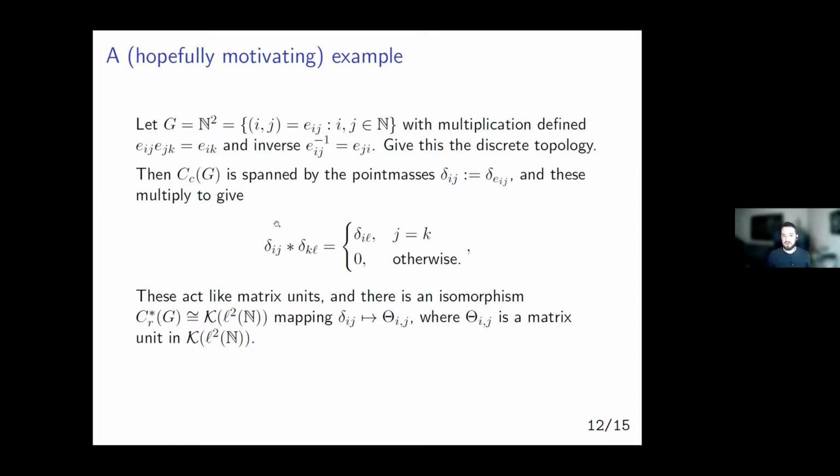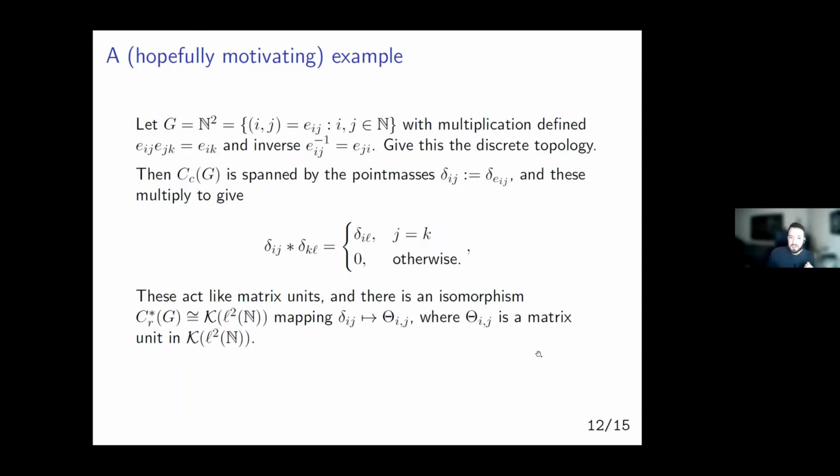If I just took the set of natural numbers 1, 2, 3, 4, 5, 6 up to n, what I would get is the n by n complex matrices. So this construction really gives you all kinds of algebras. You've got commutative ones, you've got group C-star algebras, you've got these compact operators on a Hilbert space.